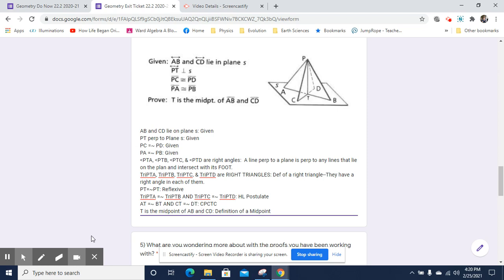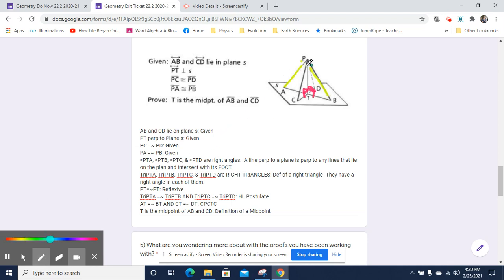I'm going to go ahead and label the stuff that we have real quick. So we know that this and this are right, and that this is right, and this is right. I know that's kind of ugly and messy, but that's what it is. We know that this and this are congruent.